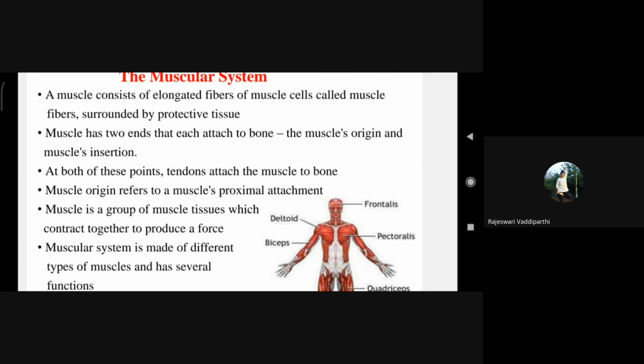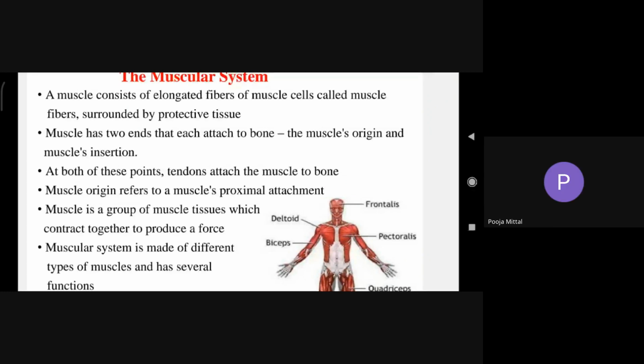Now, at both of these points, tendons attach the muscle to bone. So, what are tendons? Please answer fast. Yes, tendons attach muscle to bone.